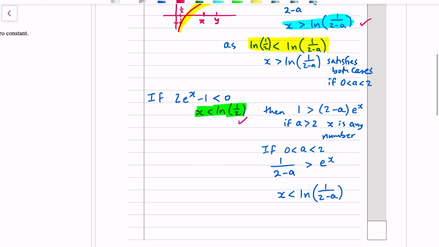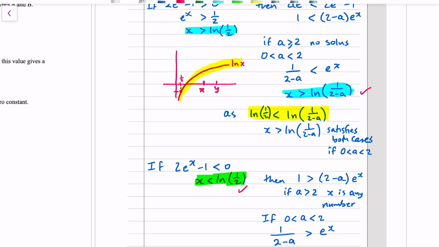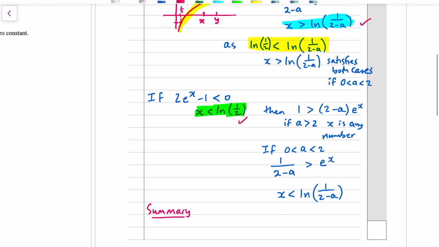Okay, so to summarize, because it needs to be really clear what our solution is. If a is between 0 and 2, then x is bigger than log of 1/2 minus a.